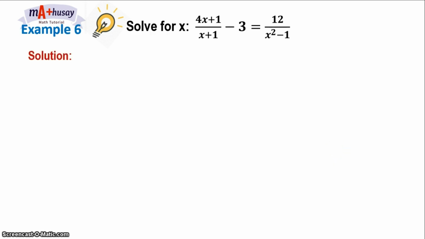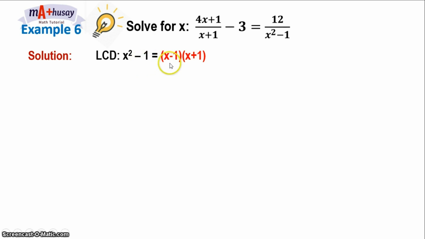So, ang LCD nito ay x squared minus 1. Dahil, kung papansin nyo, yung x squared minus 1 ay pwede nating i-factor out as x minus 1 times x plus 1. So, yung x plus 1 ay isa rin sa mga denominator. So, kaya ang LCD natin ay x squared minus 1 na.